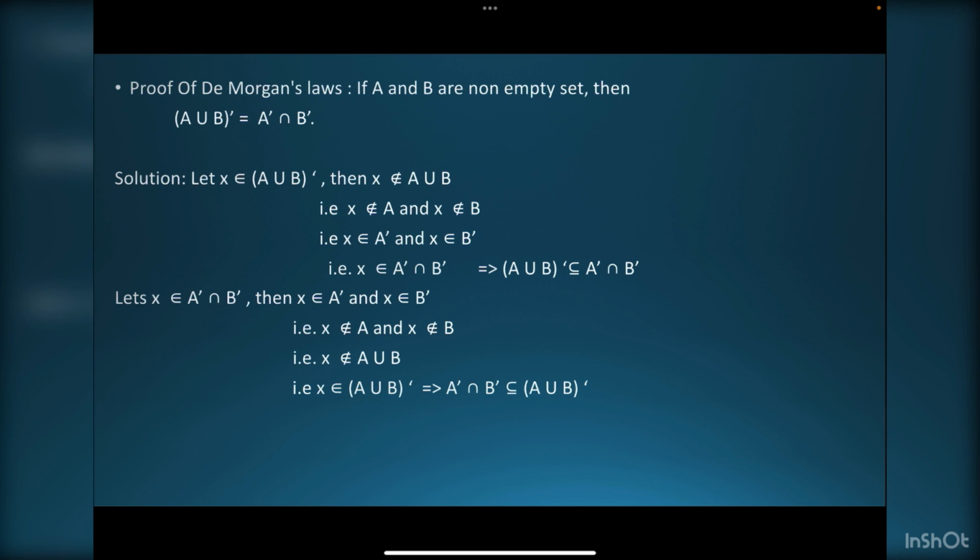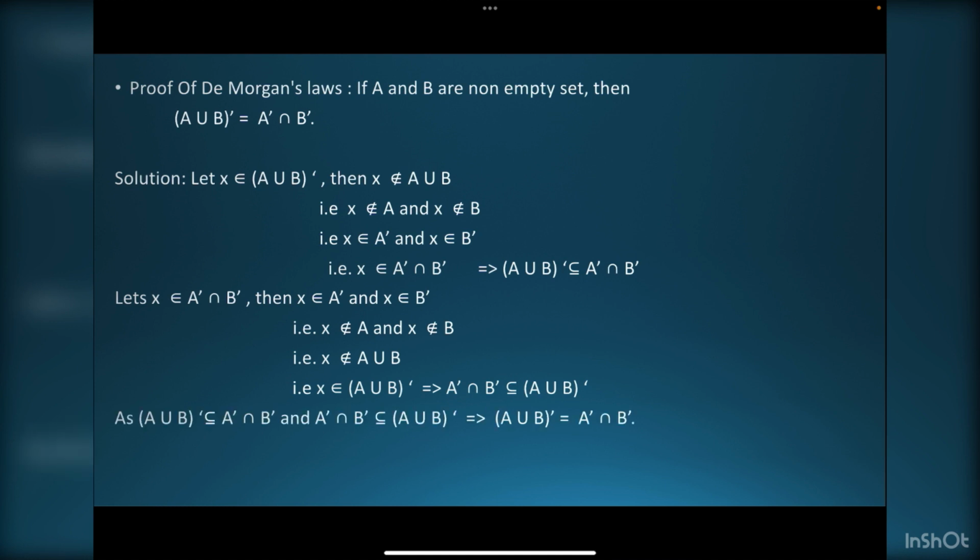Now we started with x belongs to A complement intersection B complement, and we ended up proving that x belongs to (A union B) complement. That means A complement intersection B complement is a subset of (A union B) complement.